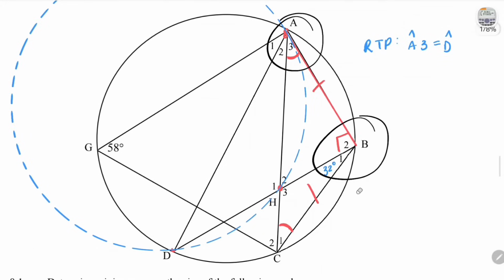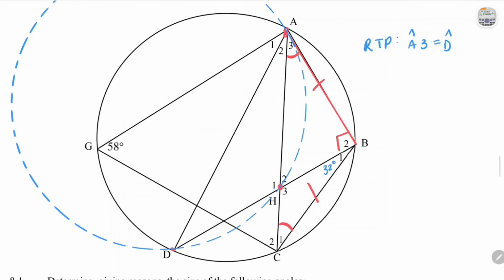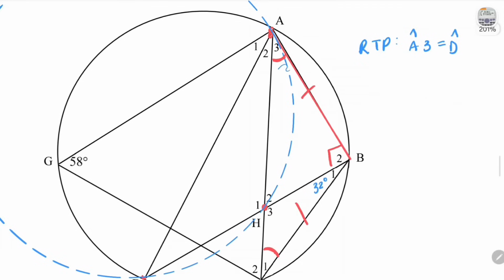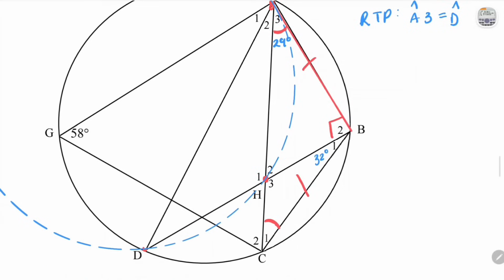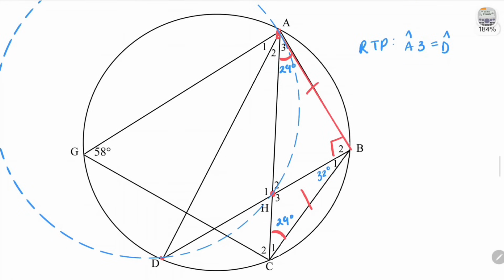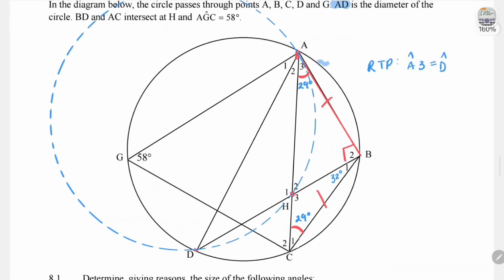Okay, to be honest, in this question, I really don't see the point of actually finding the numerical values of these angles. Because yes, we have angle A3 being 29 degrees, and that also makes angle C1 29 degrees. Then, if you look at this shape in this circle that we already had, you can see that AB is supporting angle C1, and it's also supporting angle D at the circumference.